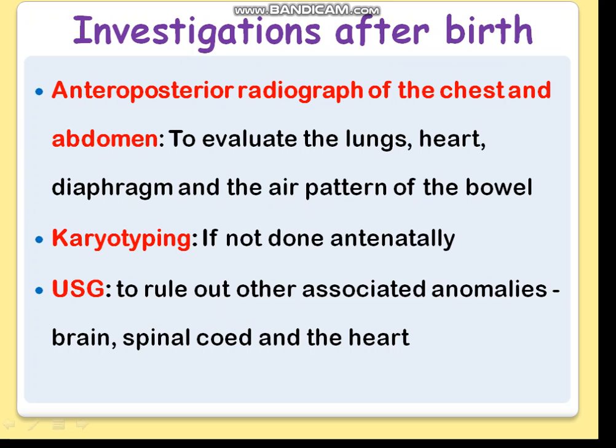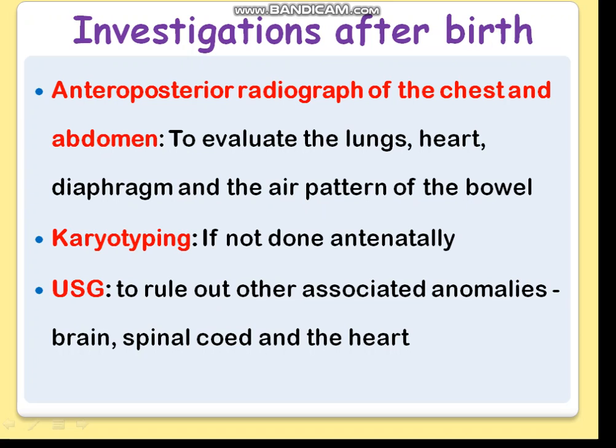Karyotyping should be done if it is not done antenatally. So gestation time karyotyping ചെയ്തില്ല എങ്കിൽ കുട്ടി ജനിച്ചു കഴിയുമ്പോൾ ആ കാരിയോടൈപ്പിങ്ങിനുള്ള സാമ്പിൾ മസ്റ്റ് ആയിട്ടും വിടണം in order to see out any family patterns. USG is done. Again, it is done in order to rule out the associated anomalies in the brain, the spinal cord and the heart.